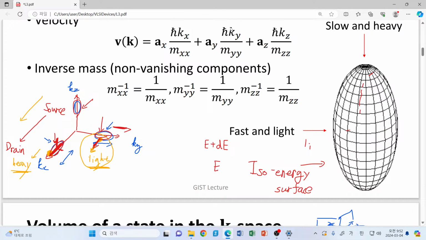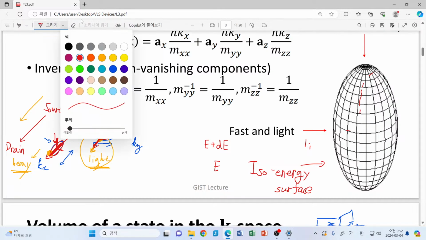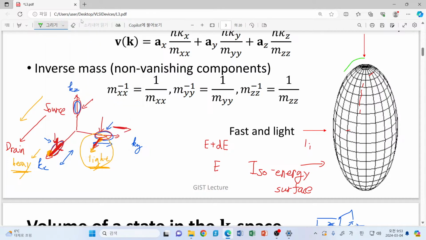Then what will happen? Since we have parabolic behavior of our E-K relation, since we have higher energy, we can expect that in K-space, the K values will also become slightly larger. So instead of this ellipsoid, we can expect another ellipsoid.